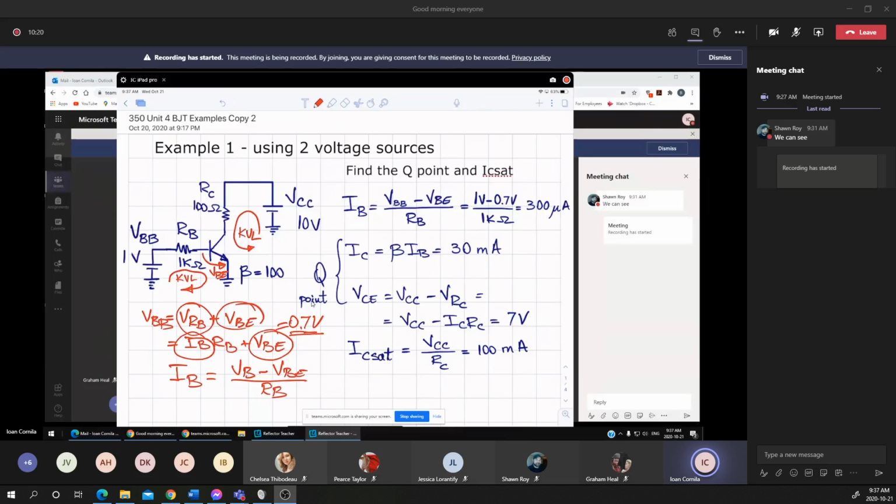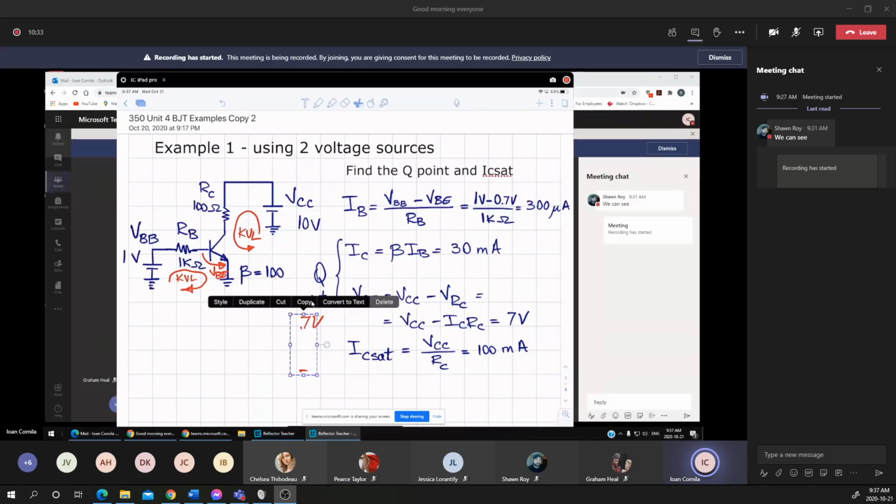Okay, now I'll try to clean up a little bit this part here, and that's why I'll delete this. Now remember that the VBB is given in this example as 1 volt.